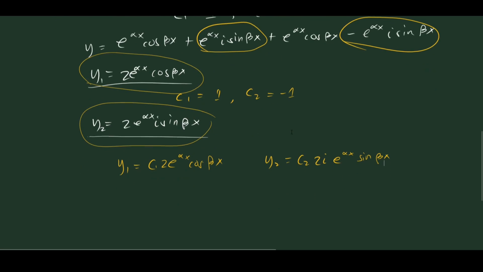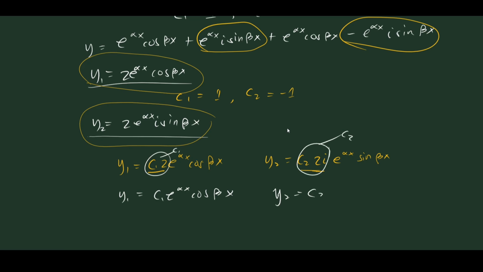The constant here is not limited to real numbers, so you can also have a complex constant. So we can rewrite this as y1 equals c1 e raised to alpha x cosine beta x, and y2 equals c2 e raised to alpha x sine beta x.